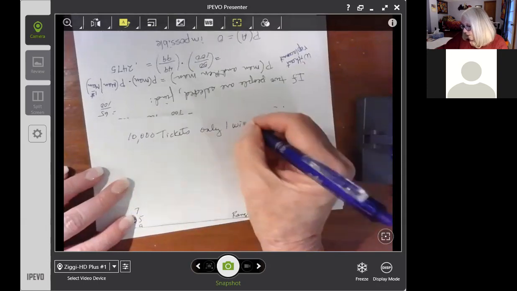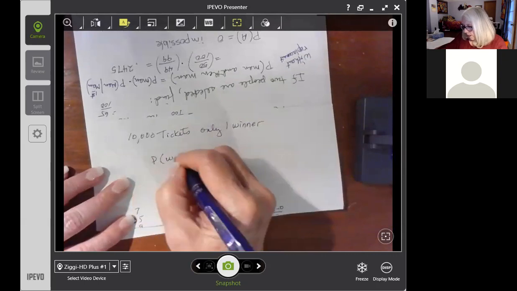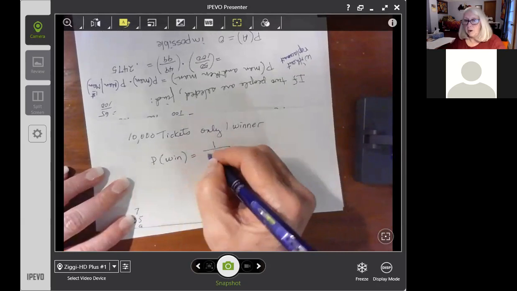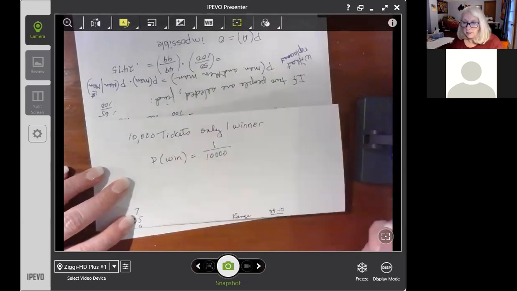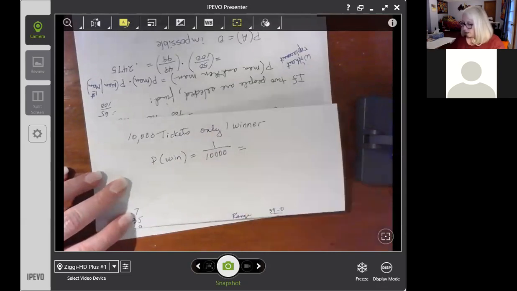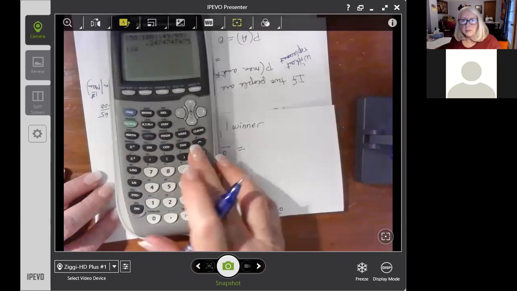your chance of winning is 1 out of 10,000, right? Because you only bought one of those tickets. And if you do that on a calculator, I'll just show it to you, 1 divided by 10,000.